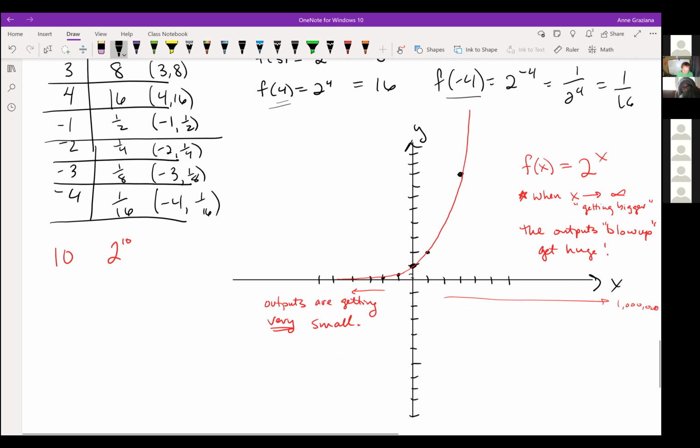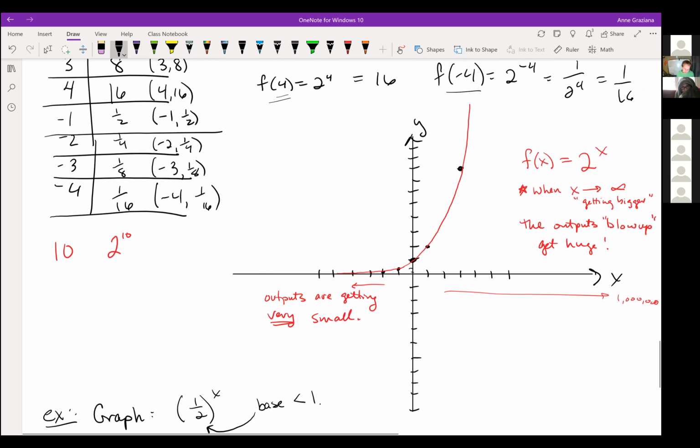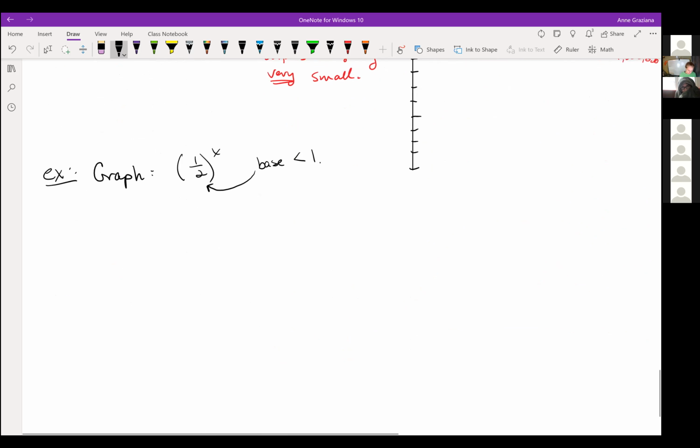All right. So let's look at one like this. Let's look at when the base is a fraction. So now the base is less than 1. Let's just see how this behaves. So I'm going to let you guys calculate it.